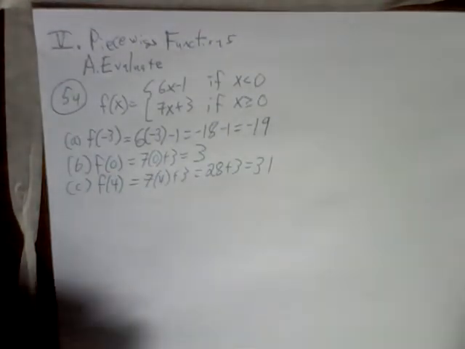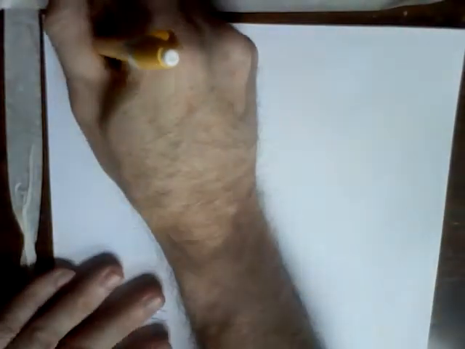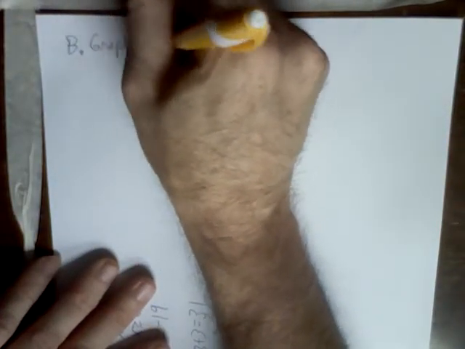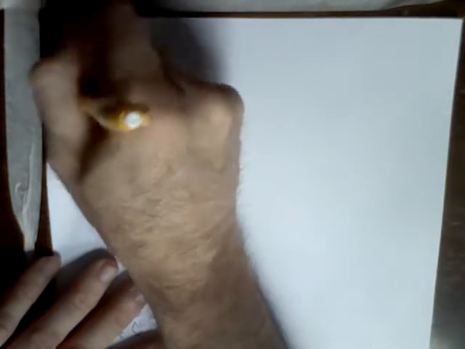The harder part is actually graphing these things. It's not so bad. You just graph each piece separately. Okay, so graphing, and we want to look at number 68.